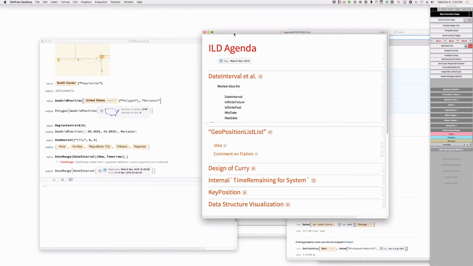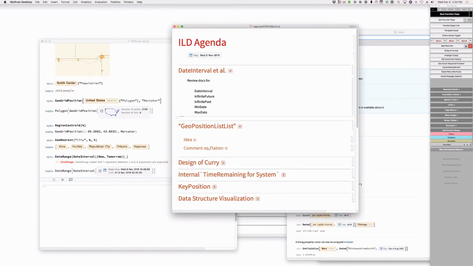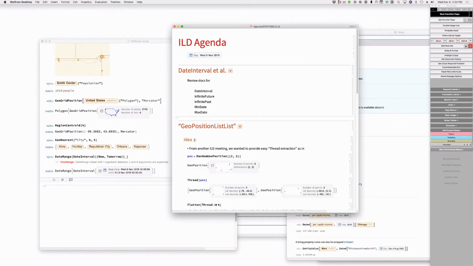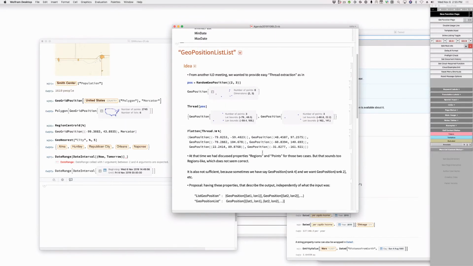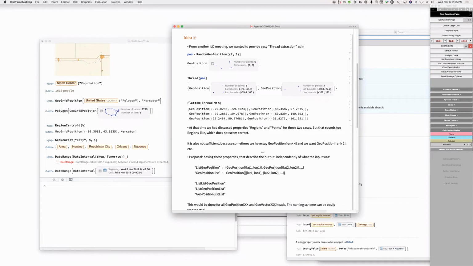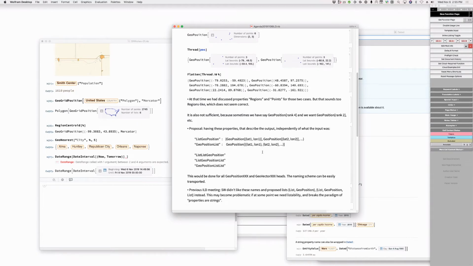So the next two topics are things we have discussed. The idea I was proposing here is a way of getting from a geoposition array lists of geopositions of various depths. This problem is present in all the 4 geoposition objects and all the 4 geovector objects. So I was looking for a solution that can be applied to the 8 of them simultaneously.